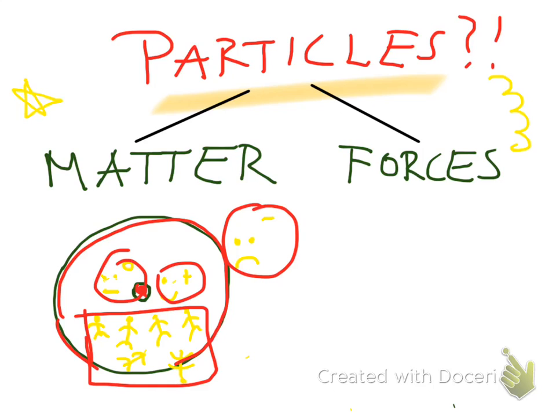which basically are particles that carry forces. So all the forces that are exchanged between these kinds of particles, but also between the force particles themselves, are being carried by force particles.